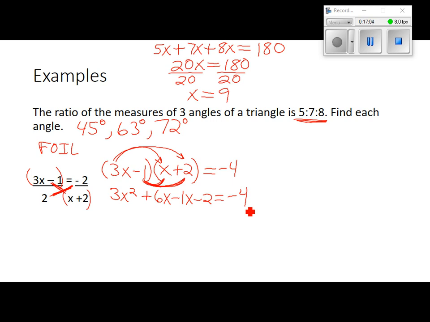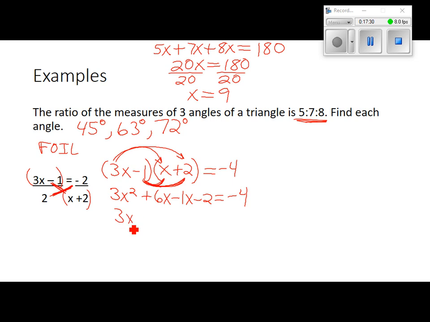Now, whenever we have a problem like this, there are several different ways to do it. One of the ways is factoring. Another way is using the quadratic formula. Regardless of which way you use, we need to move this negative 4 over here, and we'll simplify the rest of this.